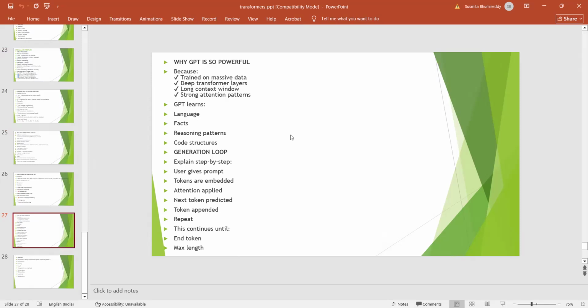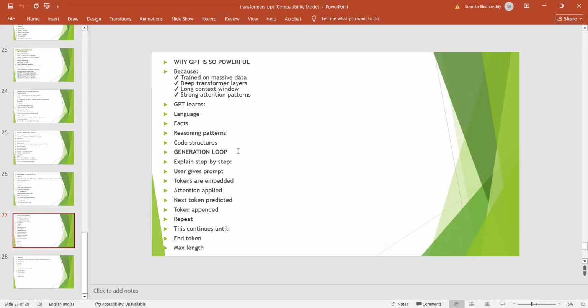So why are we using GPT as a decoder? What is the use of it? It is trained on massive data. It has deep transformer layers, a long context window, and strong attention patterns. And GPT learns languages, facts, reasoning patterns, and code structures also.